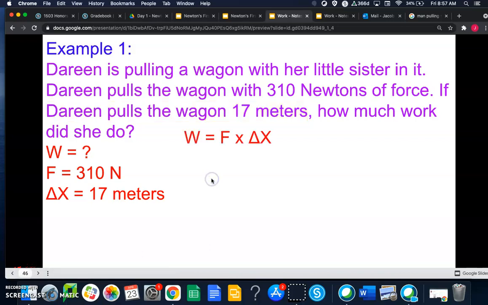So then we'll write our formula. Work equals F times delta X. Work equals 310 times 17. 310 times 17 is 5,270. And then work is measured in joules, so 5,270 joules. Should be pretty straightforward.